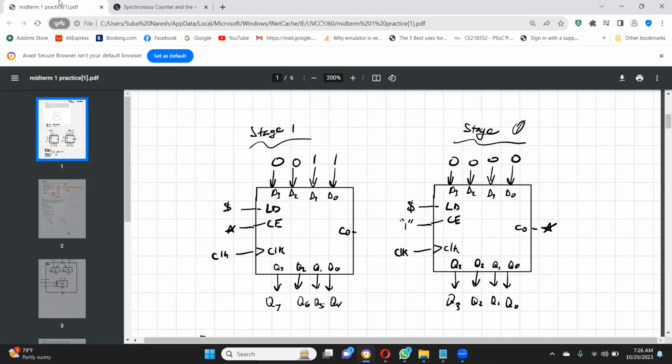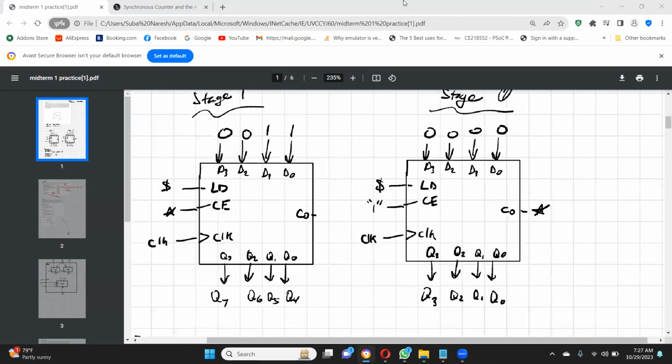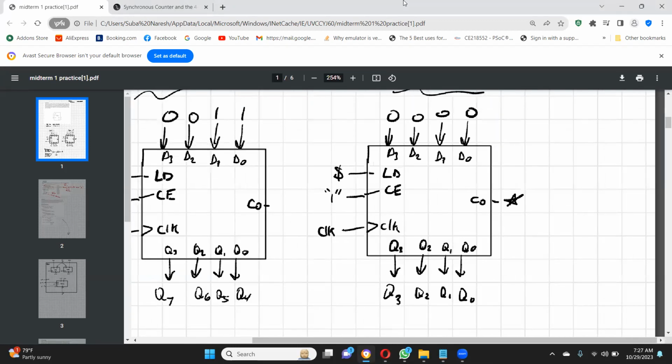When you enable the clock, when C equals 1, right? When you make C equal to 1, the count begins, because that is your control, right? There is a clock. Can you see that? There is a clock and C equal to 1. Can you zoom out a bit? Now fine. No, like if you scroll down.